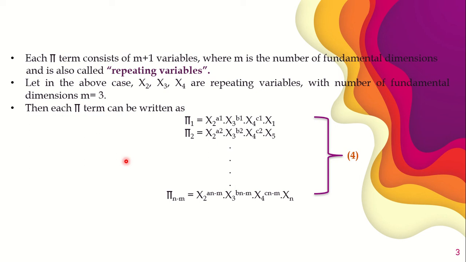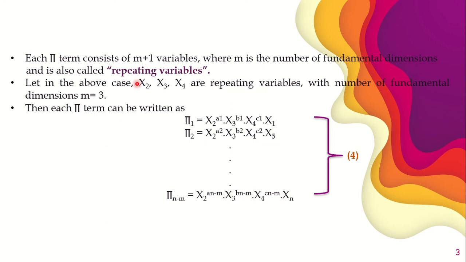Say suppose we are having 5 pi terms for our understanding. If I take the same earlier example, if there are total 8 variables involved in the phenomenon, and I have 3 fundamental dimensions, hence my pi terms are 8 minus 3, 5. So pi 1, pi 2, pi 3, pi 4, pi 5 are my 5 pi terms. Now in every pi term, for example pi 1, I will have 4 variables. Even in pi 2 also I should have 4 variables.